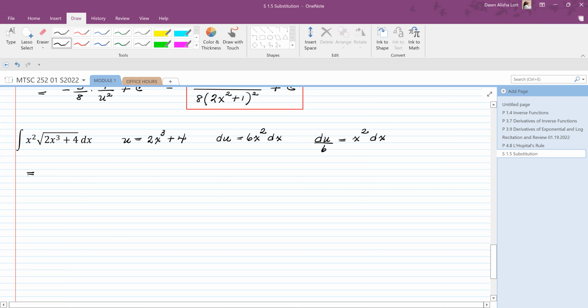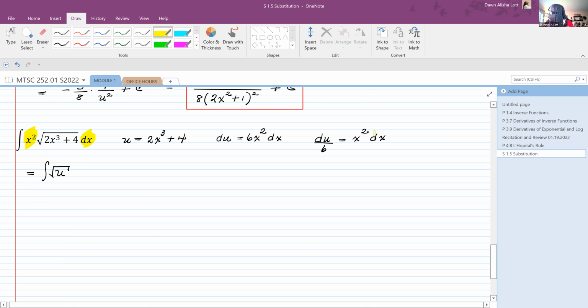And then you get square root of u. The square root of u, du, and x squared dx. That's what? 2x.